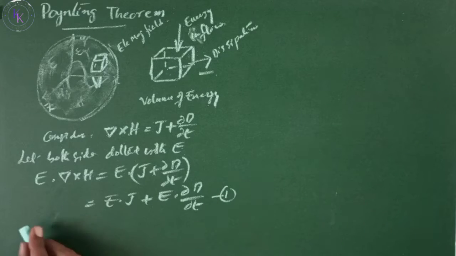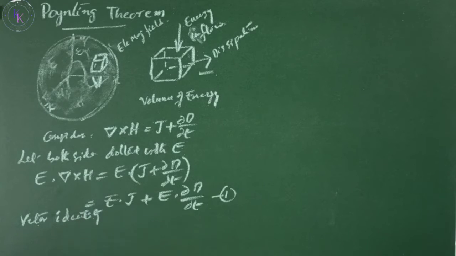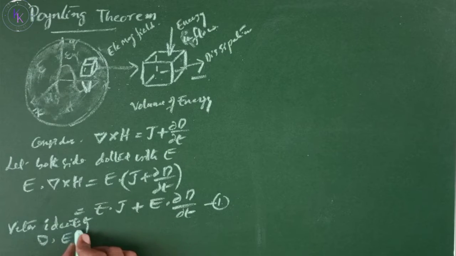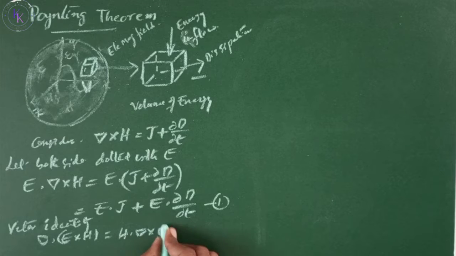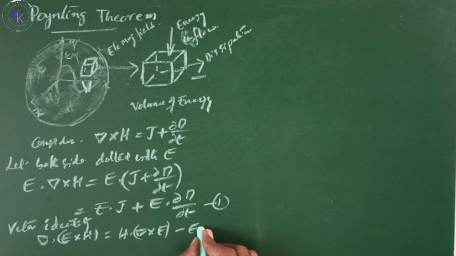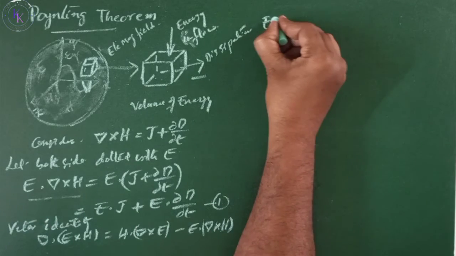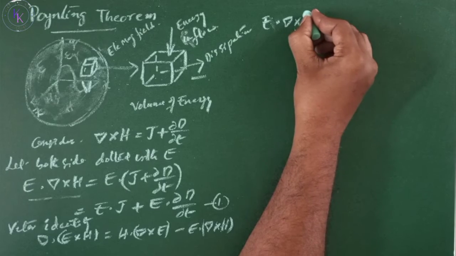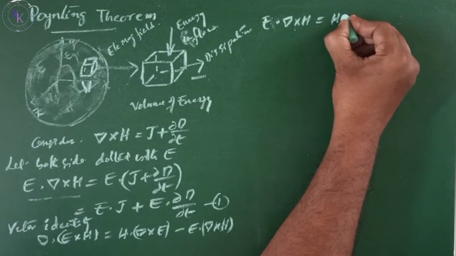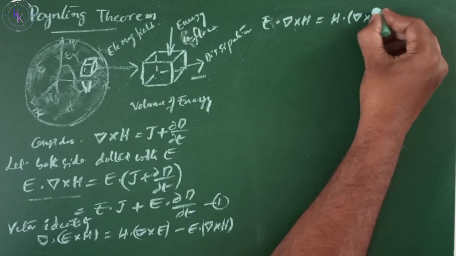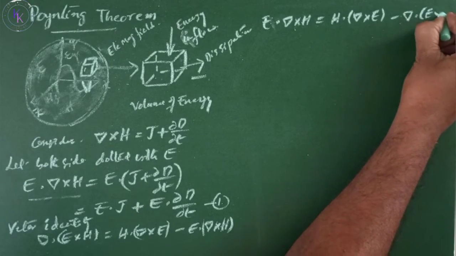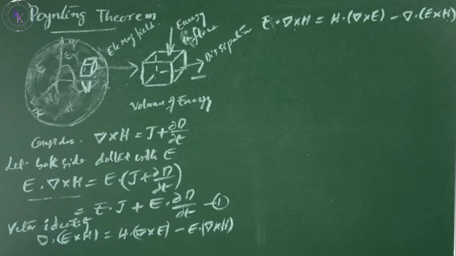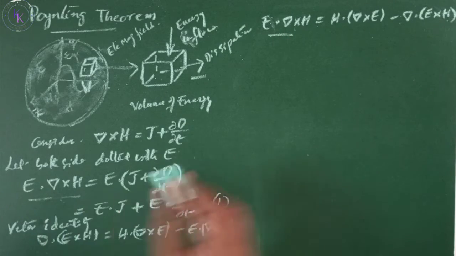We have the vector identity del dot E cross H equals H dot del cross E minus E dot del cross H. We can write for this E dot del cross H equals H dot del cross E minus del dot E cross H. Now I'm substituting this value in equation number 1.